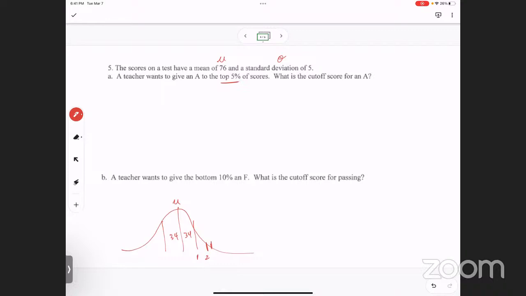I don't know how you do it without just guessing and checking and extrapolating. But you know what I'm saying? You're trying to plug in a number so that when you plug in X minus 76 over 5, you want that to be equal to 0.05.